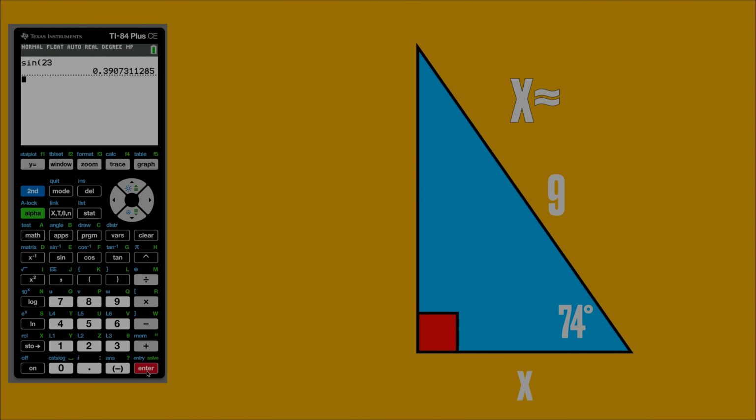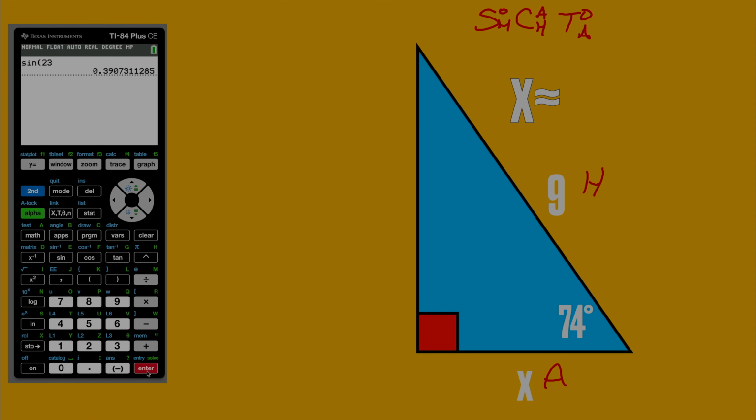All right, so here's our first problem. It says x is approximately... So what I want to do is go from this angle. This is the adjacent, and this is the hypotenuse. And a quick reminder, SOHCAHTOA.